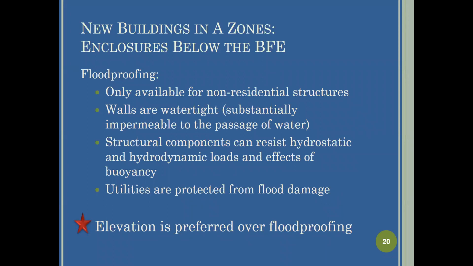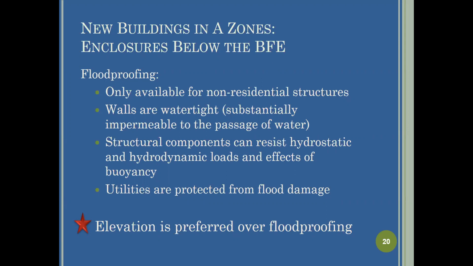So your furnaces, water heaters, electrical panels, AC compressors that serve the greater structure, or any of the structure, all of that has to be above the BFE, even though you have walls or floors below the BFE.